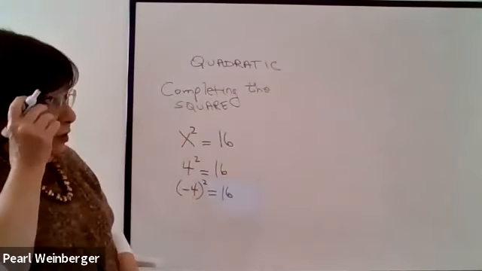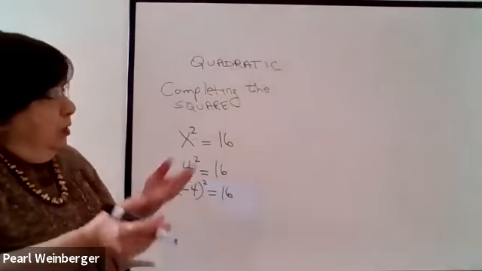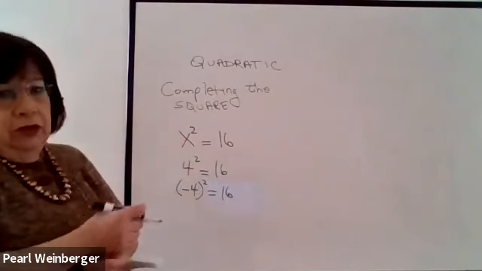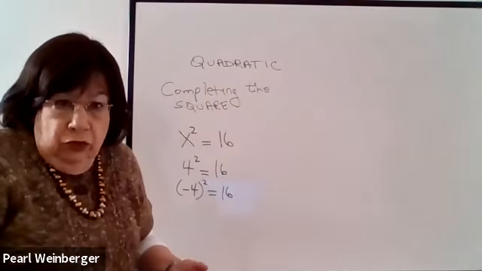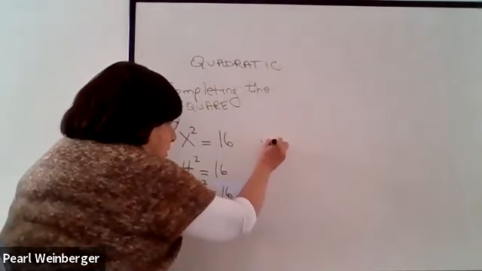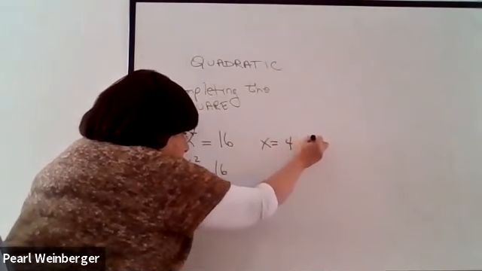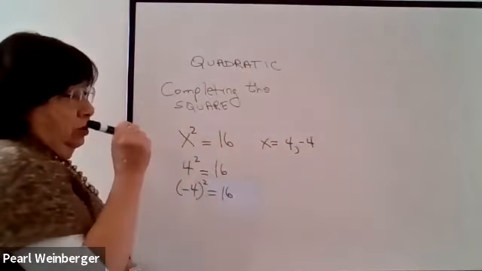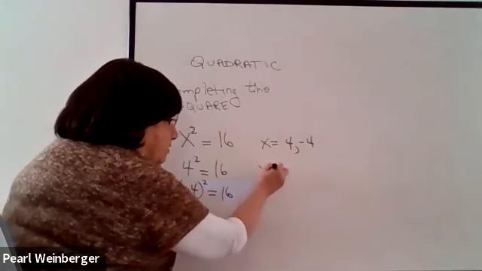So the question is, which is the right answer? But you know, in quadratic equations, when we have these, we most often do get 2 answers. In other words, the solution here is 4 and -4. Those are 2 solutions. Sometimes this is written this way, x equals plus or minus 4.